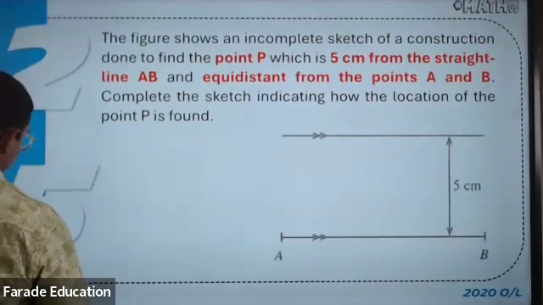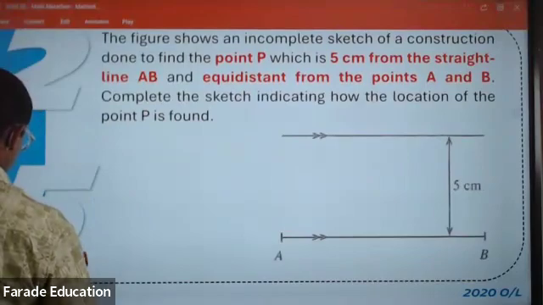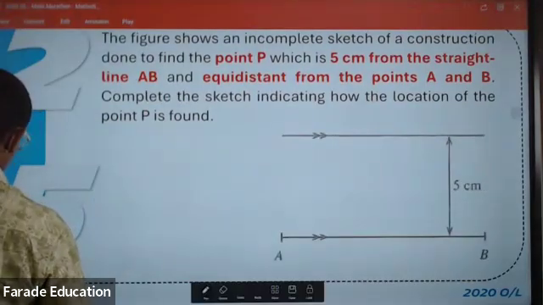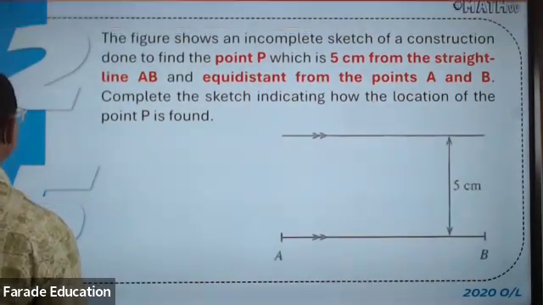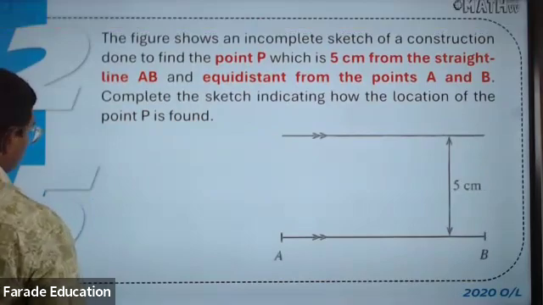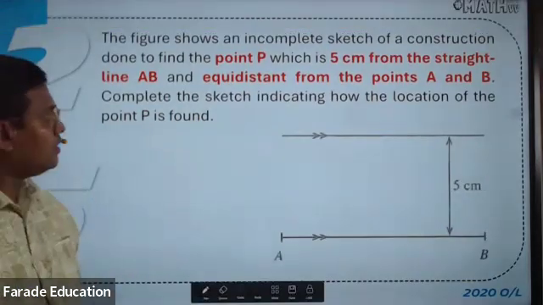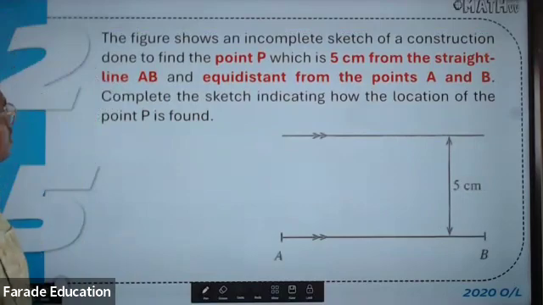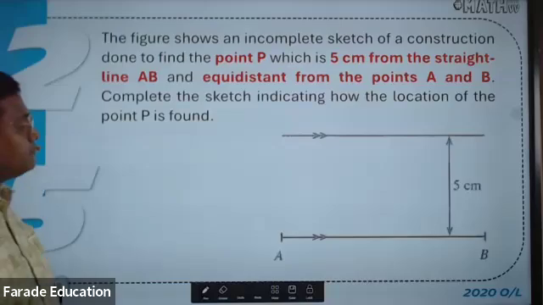So, construction. The figure shows an incomplete sketch of a construction done to find point P. I have to mark point P. I can't just do everything without marking, I can't go. I have to mark point P, which is 5 centimeters from the straight line AB.